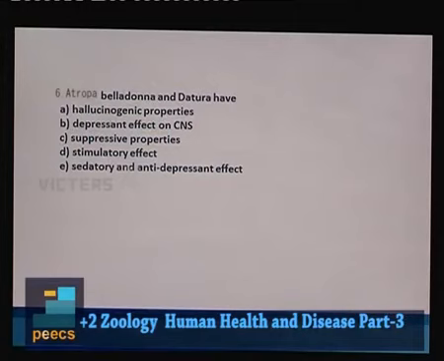Now, we have the sixth question. Atropa belladonna and datura have hallucinogenic properties. The options are, option A hallucinogenic properties, B depressant effect on CNS, suppressive properties, stimulatory effect, sedatory and antidepressant effect.